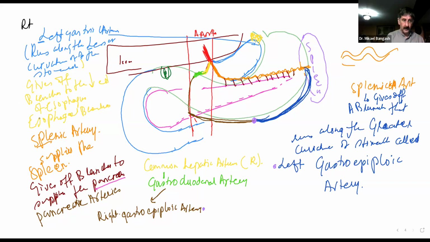Now, another branch that the common hepatic artery is going to give off is what we refer to as the right gastric artery.